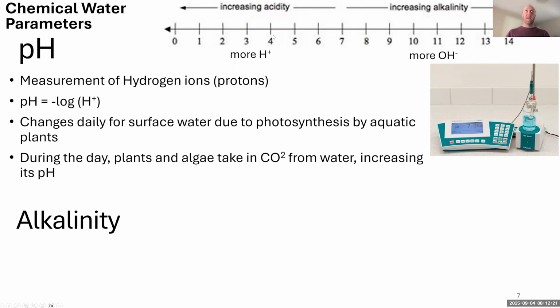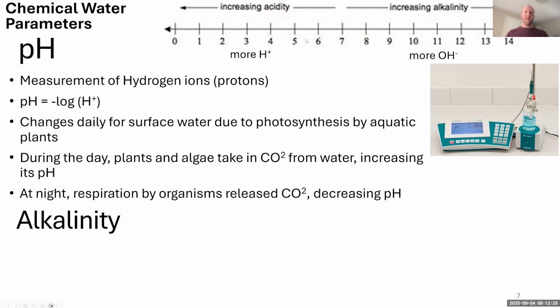Then during the nighttime, when that photosynthesis stops, there are other organisms in that water doing respiration, which is the process we do for our metabolism, and we release CO2. So we breathe out carbon dioxide, and then that actually decreases the pH.